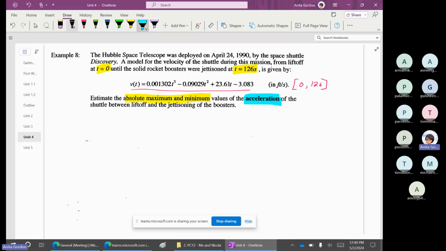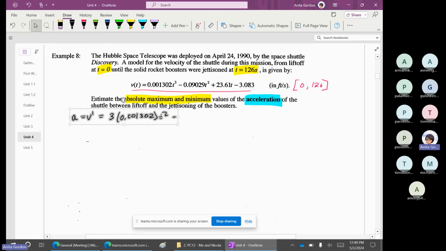So very carefully, we need to find essentially the derivative, right? So this is going to be 3 times big ugly number t squared minus 2 times big ugly number plus 23.61.